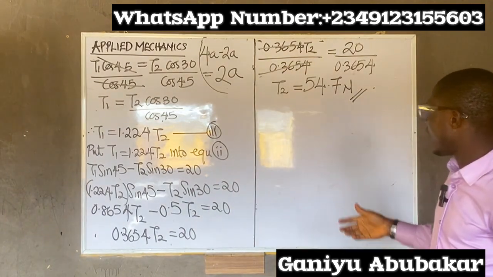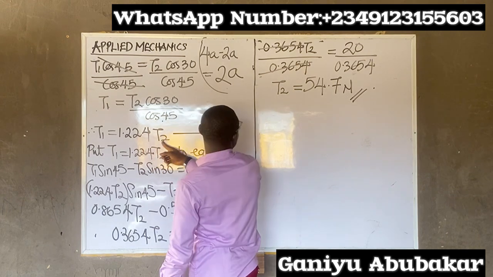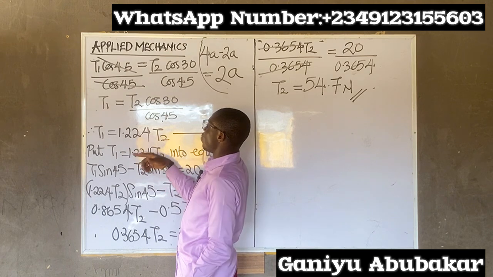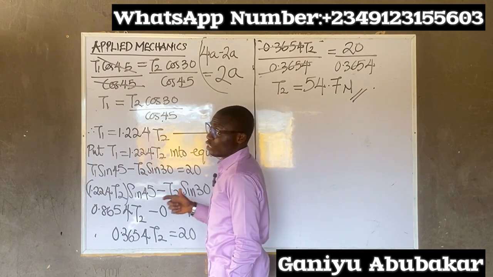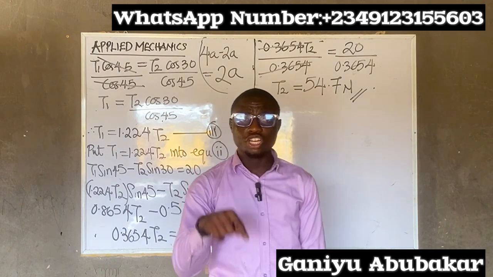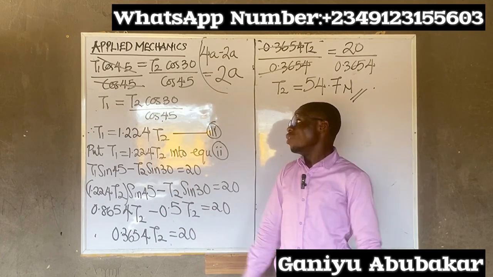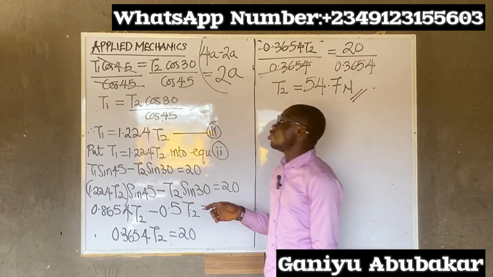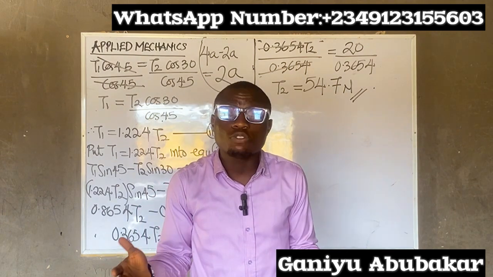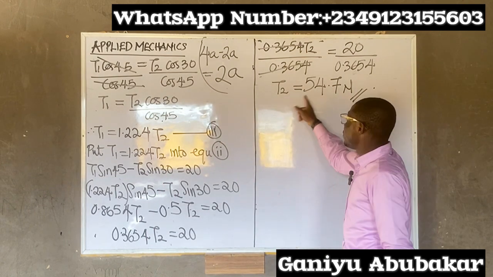Let's get T1. How do you get T1? It's easy, go back to equation 3. Put T2 as being equal to this value here. Multiply 1.224 by this value. Automatically, you have T1. In the question, we have to find T1 and T2. I've just got the value of T2 for you.